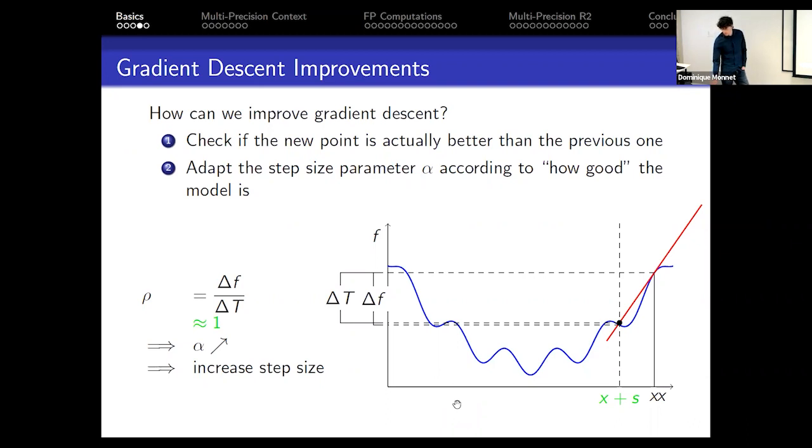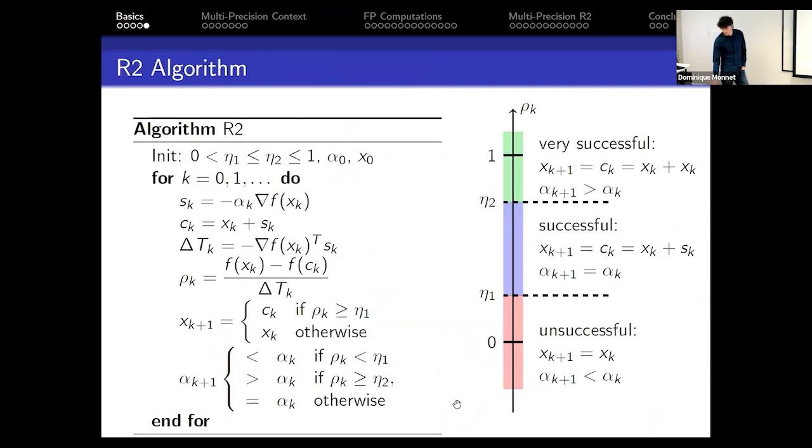So if we include this strategy, which is computing the model decrease and comparing it to the actual objective decrease, what we have is the algorithm R2, the quadratic regularization algorithm, which is the one we're going to study in this talk. In this algorithm, we work just like the gradient descent algorithm.